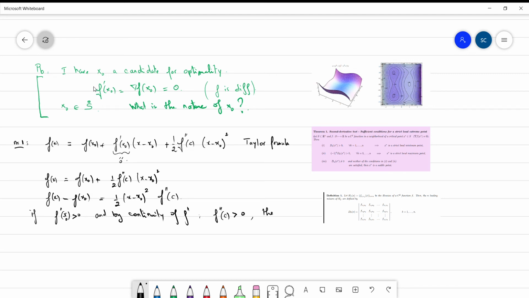Then I can say that f(x) minus f(x0) is positive or equal 0.